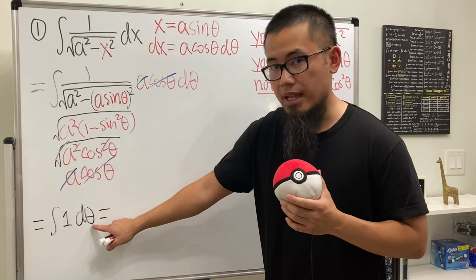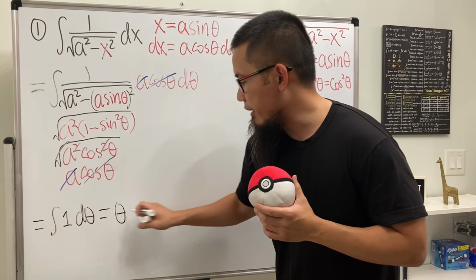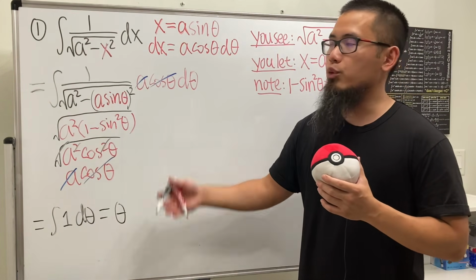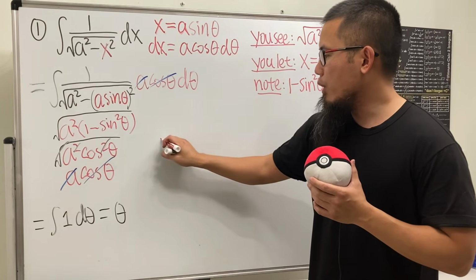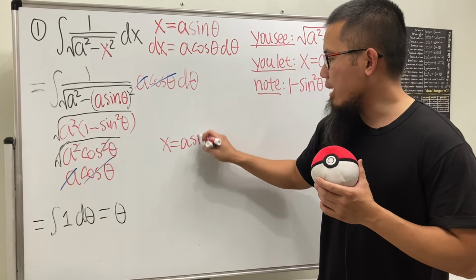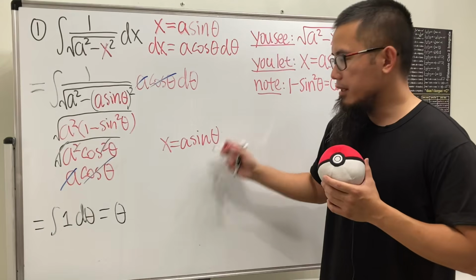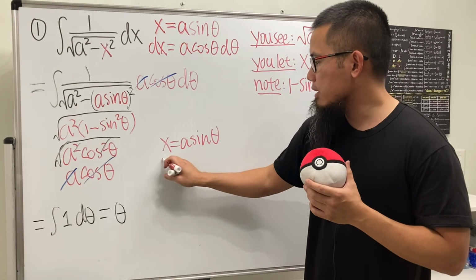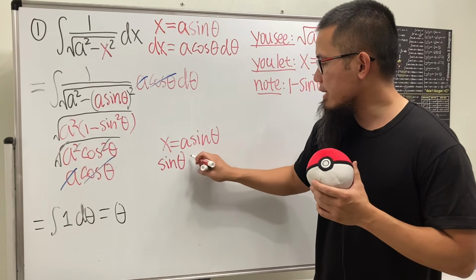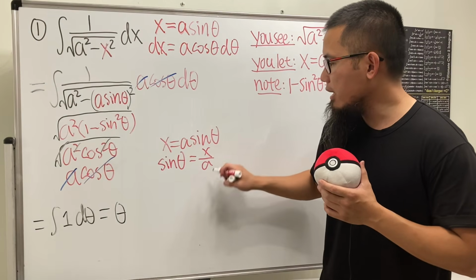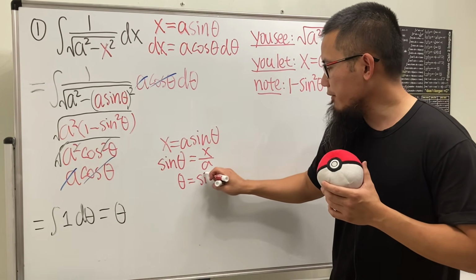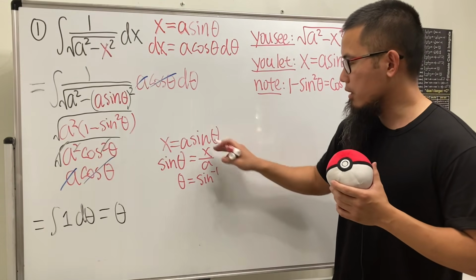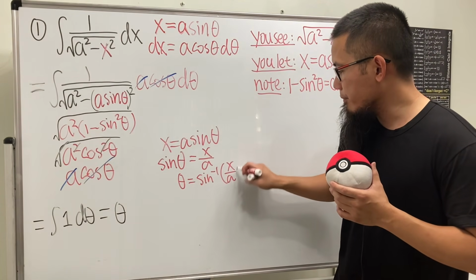Integrating 1 in the theta world, we actually get theta, but we still have to go back to the x world, and to do so, we just have to look back here. We know x is equal to a times sine theta. This means we can divide a on both sides, so sine theta is equal to x over a, and right here we can just say theta is equal to the inverse sine of x over a.